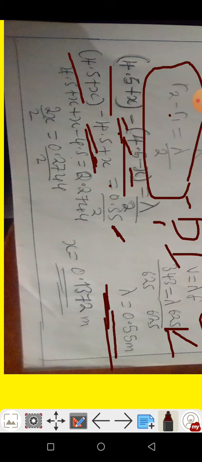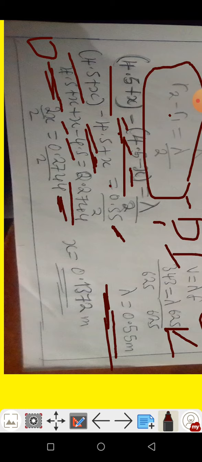The 4.5 and negative 4.5 simplify, giving us 0. Then x and x add, giving us 2x. On the other side, when we divided, we got 0.2744.